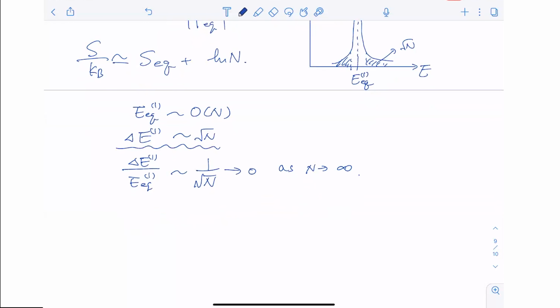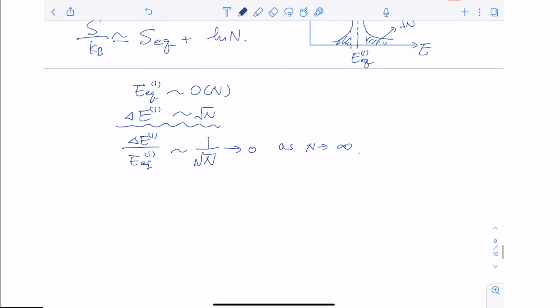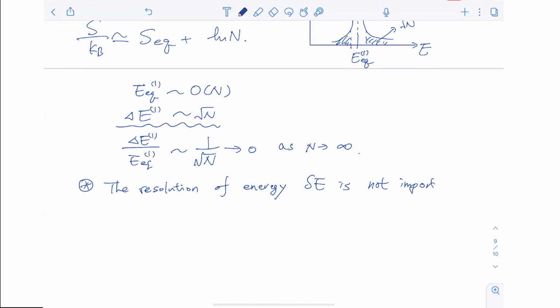Okay, but in the lab or in the experiments, you always have a finite resolution. So this expression also tells us that the resolution of energy, let's say it is delta E, is not important as long as this delta E is much smaller, or at least it is smaller than the fluctuation of E for the most of time, because this thing will go like square root of n.